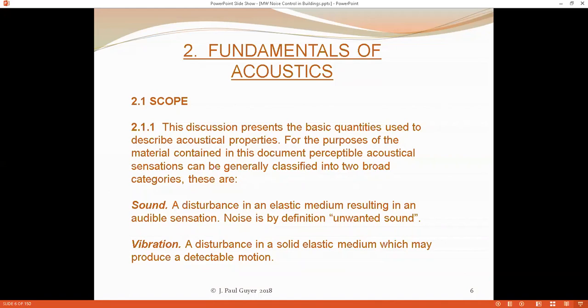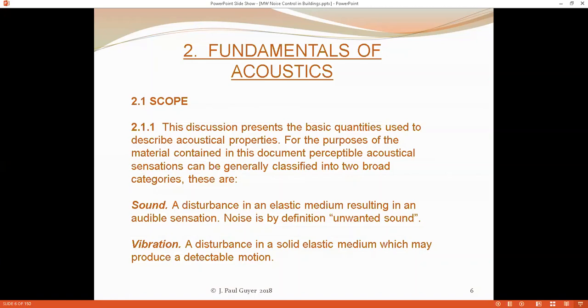And from molecule to molecule, it moves and finally gets to the eardrum of the receiver, and the eardrum is set into a vibrational or acoustic energy mode, and the brain perceives this as sound.